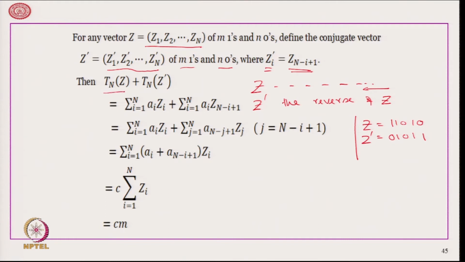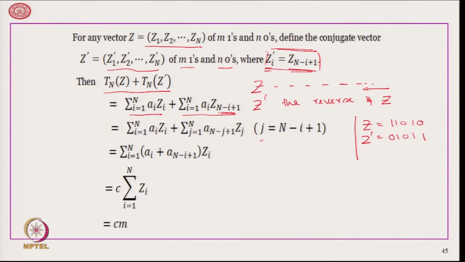In this case, T n z plus T n z prime is equal to sigma a i z i plus sigma a i times z n minus i plus 1, because z i prime is equal to z n minus i plus 1, is equal to sigma a i z i plus, now we are making a change of variable, we are calling n minus i plus 1 is equal to j.